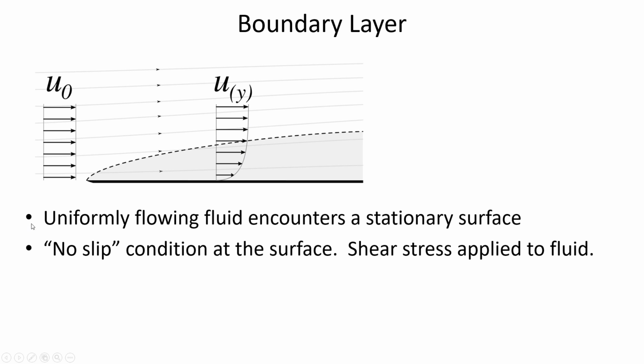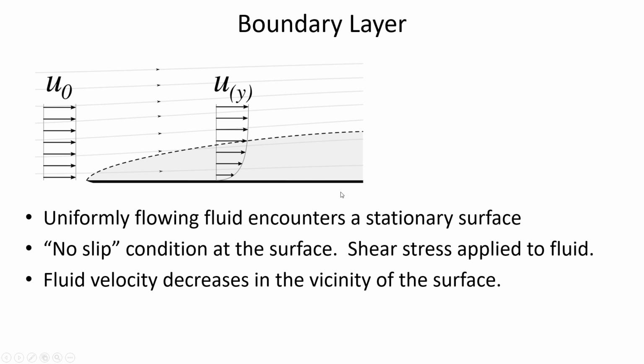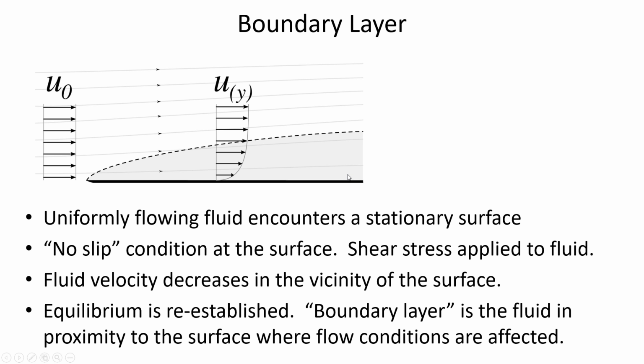So that's called a no-slip condition. The idea that since fluid has viscosity, it's subject to the effects of friction, and its velocity is going to slow down under the influence and in the immediate proximity of that pipe. So fluid velocity decreases in the vicinity of the surface, and initially the velocity is slowing down, but it will reach some equilibrium.